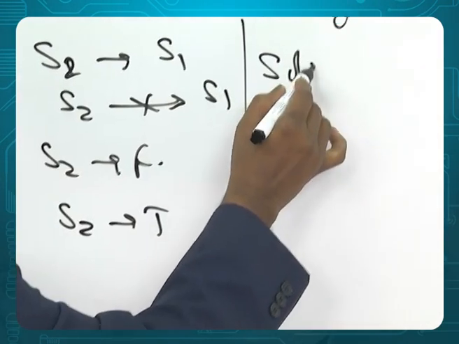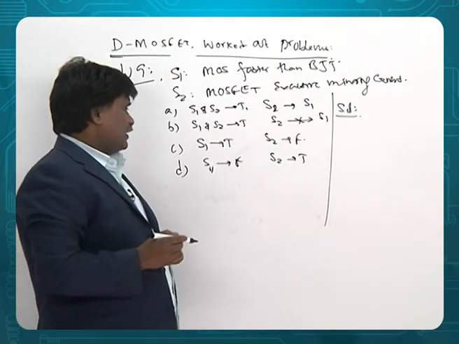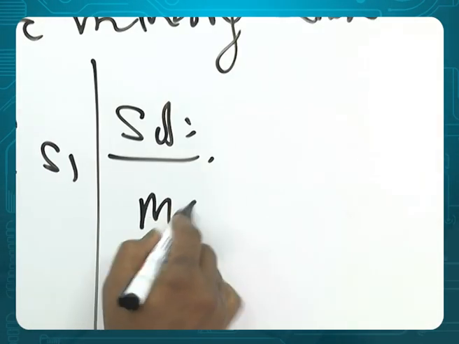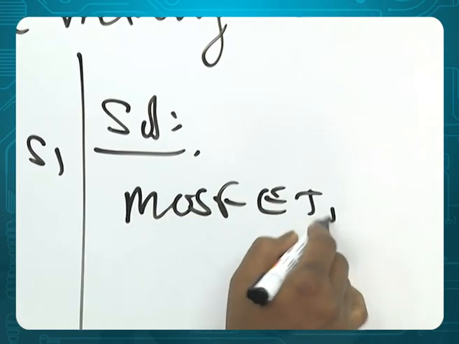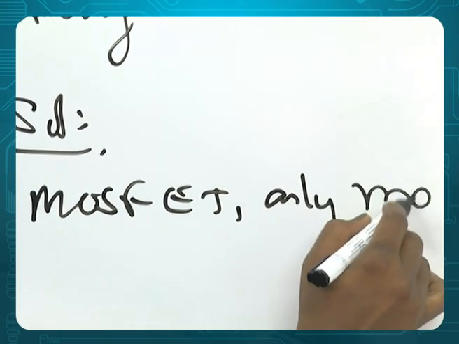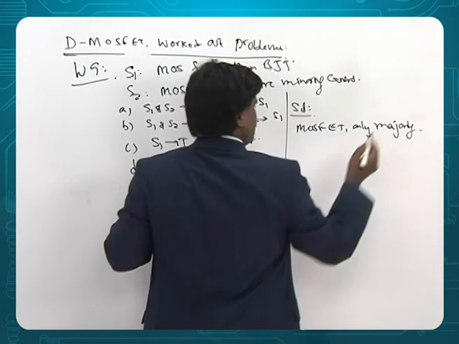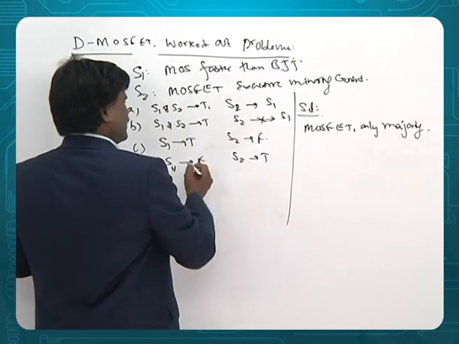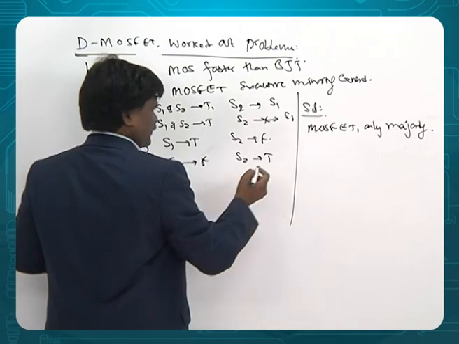Let me give you a small hint about the solution. Generally, MOSFET is faster than BJT. You know why? MOSFET has only majority carriers, just like we discussed in the previous question. That's why definitely MOSFET is faster.